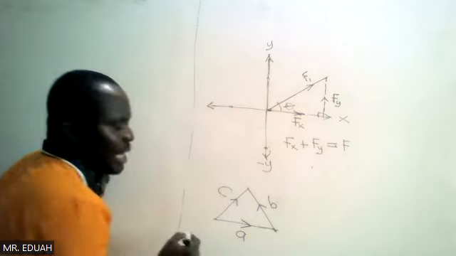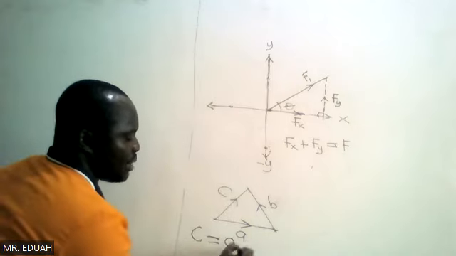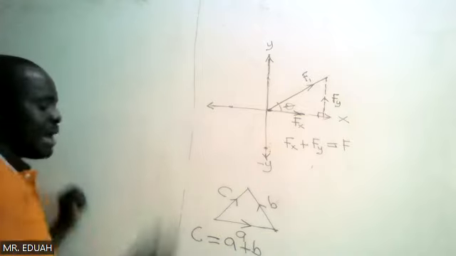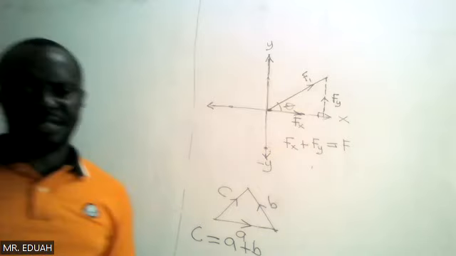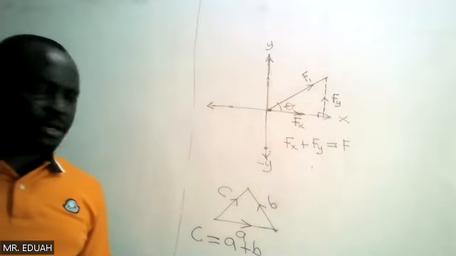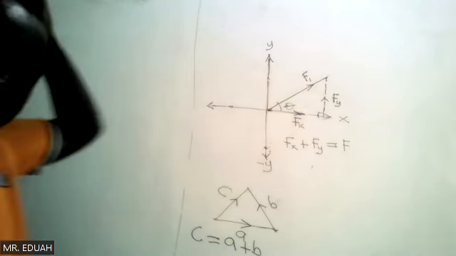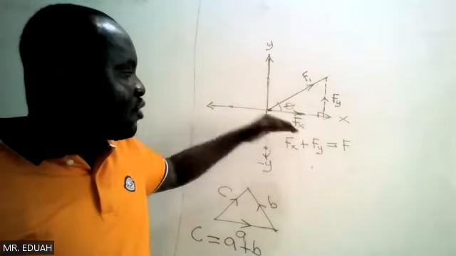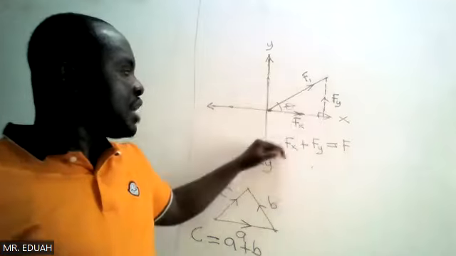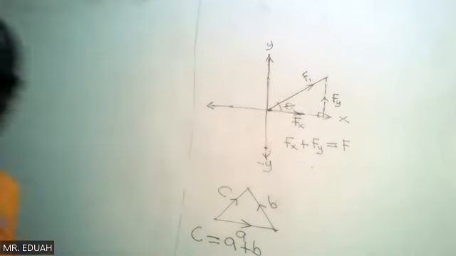So we can deduce that C is equal to A plus B by the triangle law of vector addition, which we saw yesterday. So the components must also obey the triangle law of vector addition, and that's what we have established.